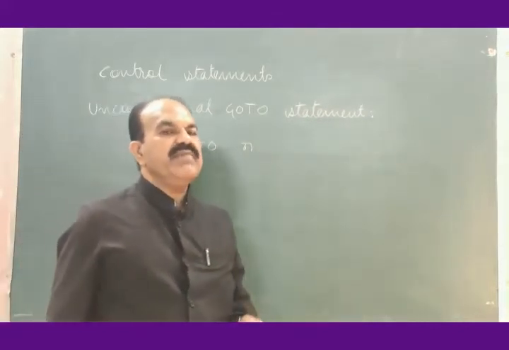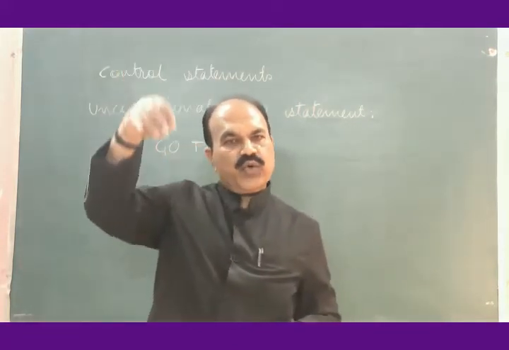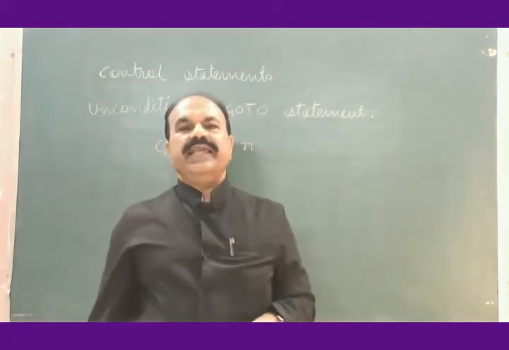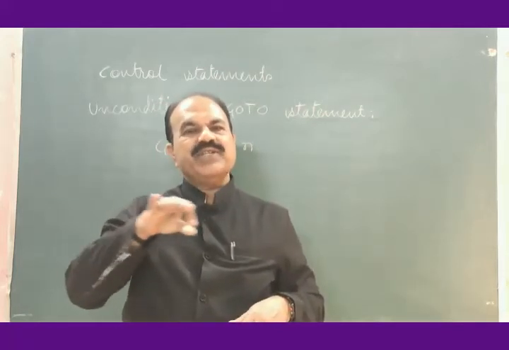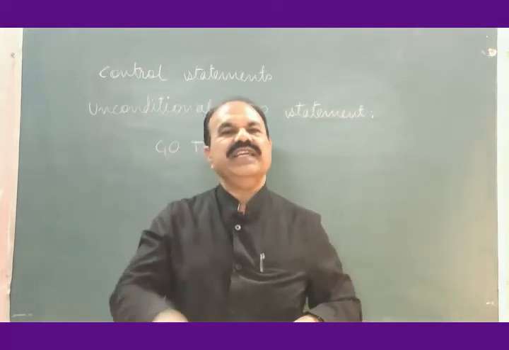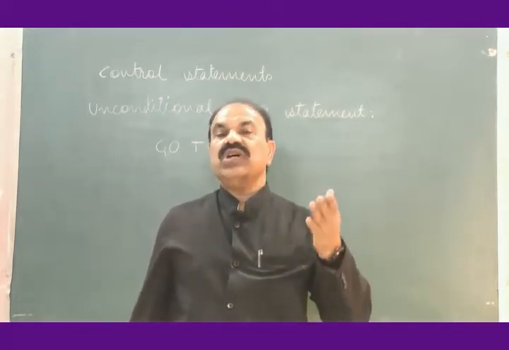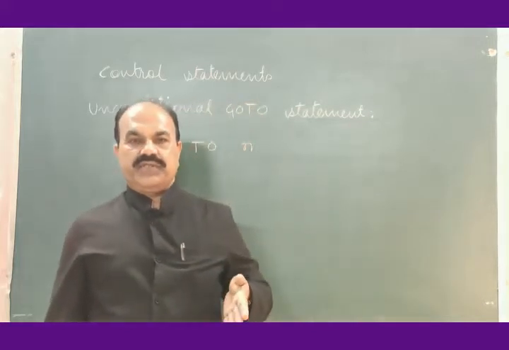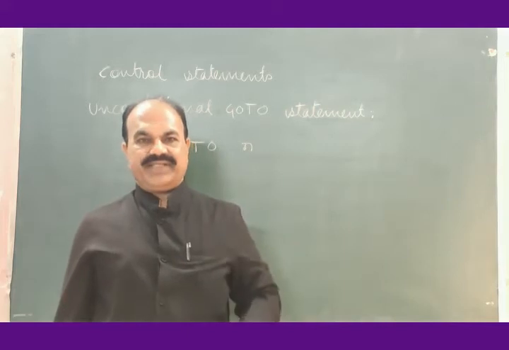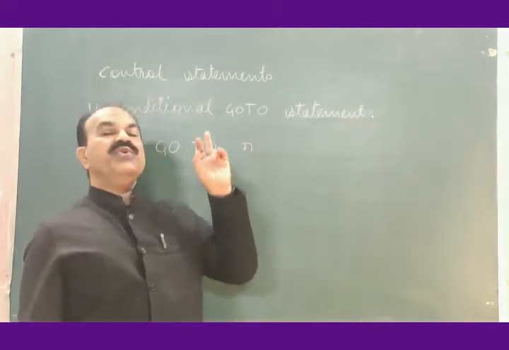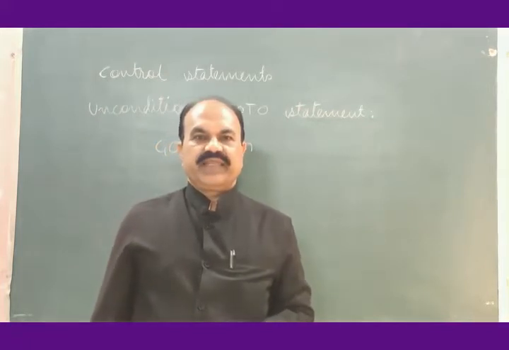If the go-to statement is not used, the control will flow sequentially, executing the statements of the program one after the other in a sequence. If you want to alter this sequence to meet a certain condition or requirement, then we need to use the unconditional go-to statement.